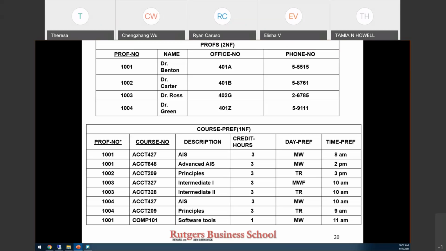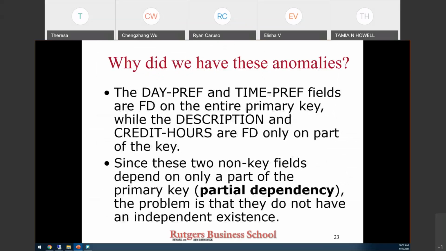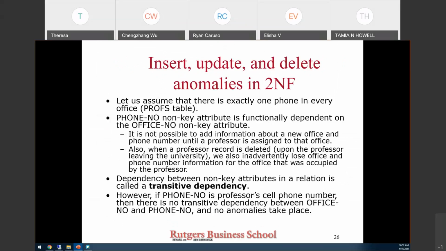Well, this dependency between two non-key attributes is a relation that is called transitive dependency. Transitive dependency, showing here, means dependency between non-key attributes in a table.